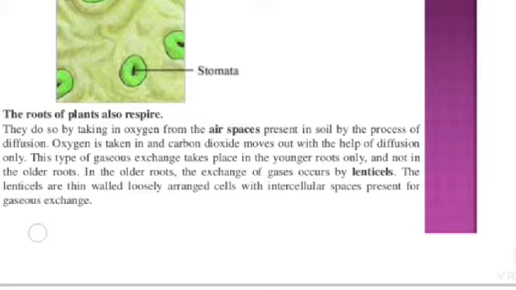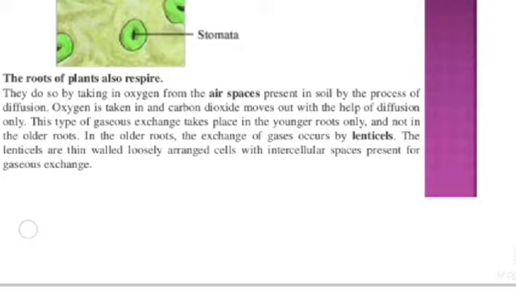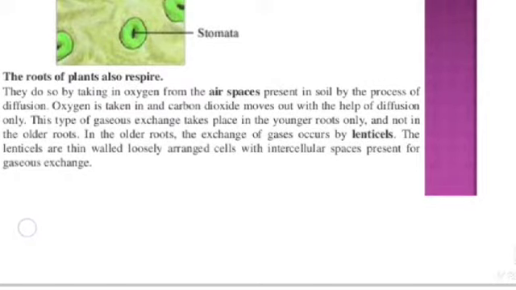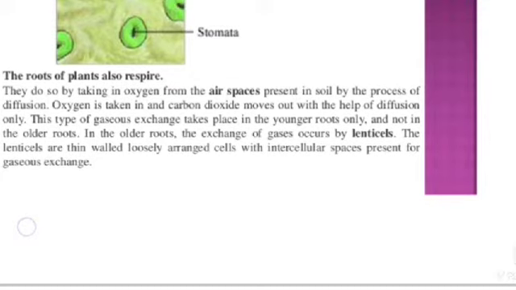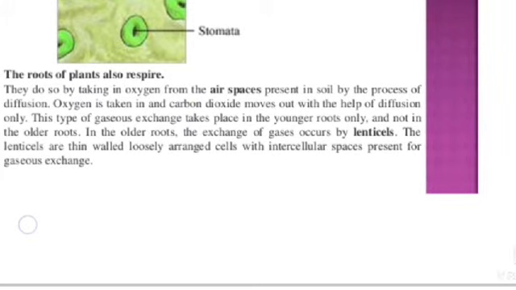The roots of plants also respire. They do so by taking in oxygen from the air space present in the soil by the process of diffusion. Oxygen is taken in and carbon dioxide moves out with the help of diffusion only.